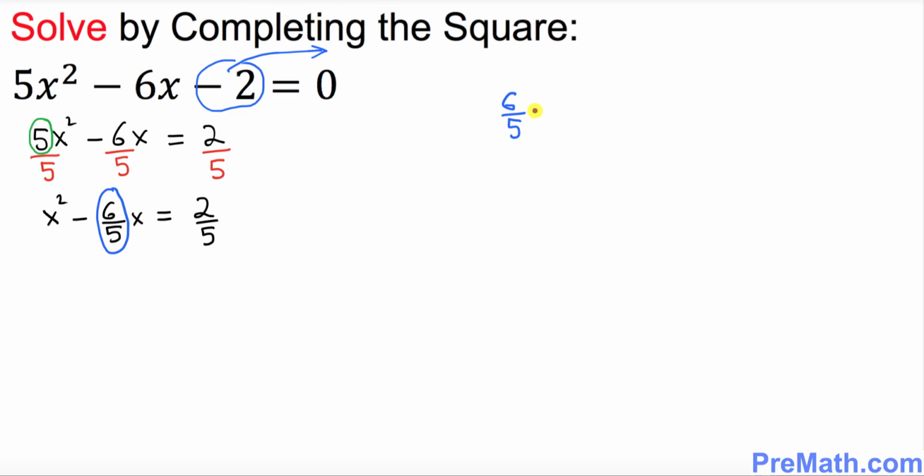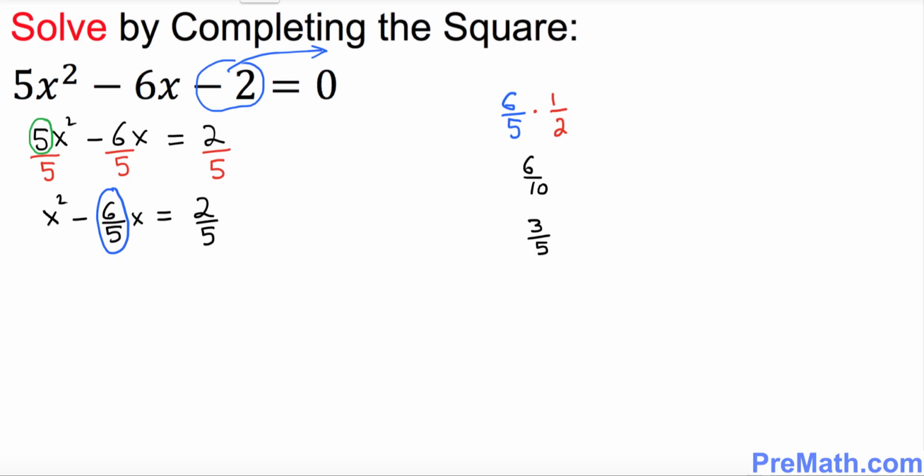Dividing by 2 is the same as multiplying by 1 over 2. Let me rephrase again: 6 over 5 divided by 2 is the same as multiplying by 1 over 2. So once we do this, we get 6 over 10, isn't it? If we reduce it, we get 3 over 5.